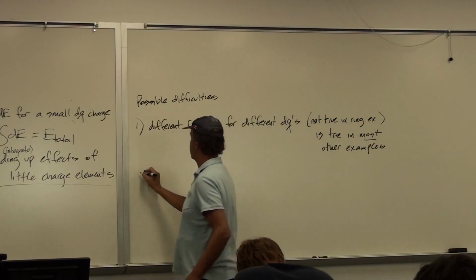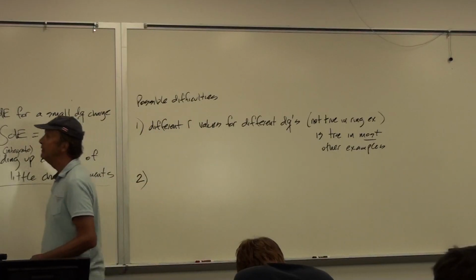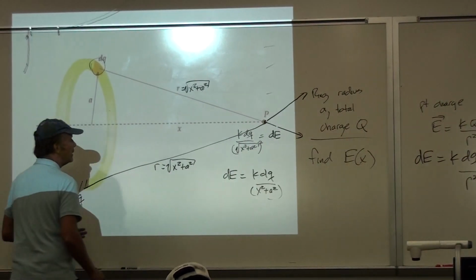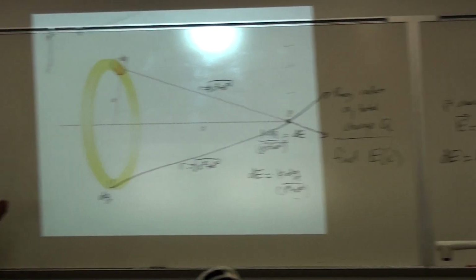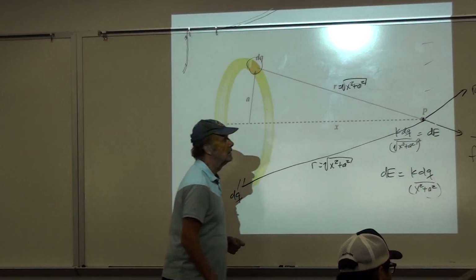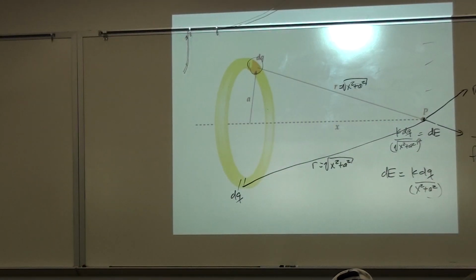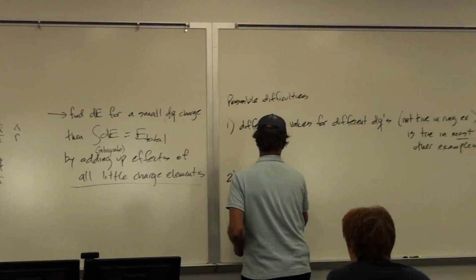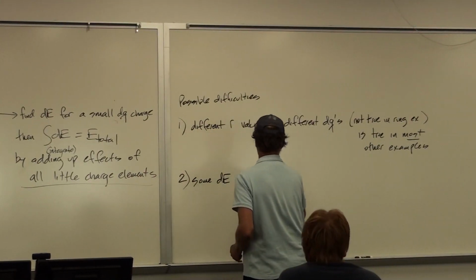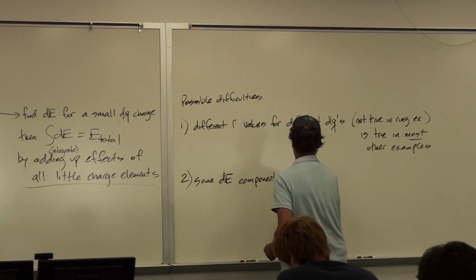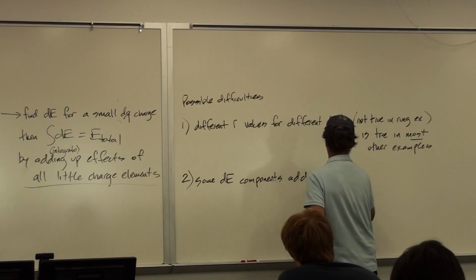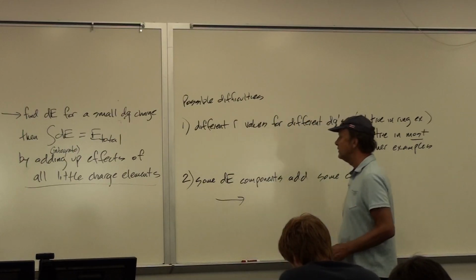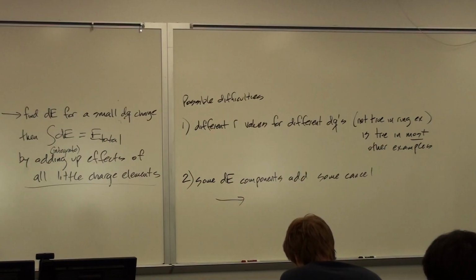The second difficulty, and this one we will have to deal with, is that some of the components of the dE's are going to add and some will cancel. And to see which ones add and cancel, we need to look for symmetries.